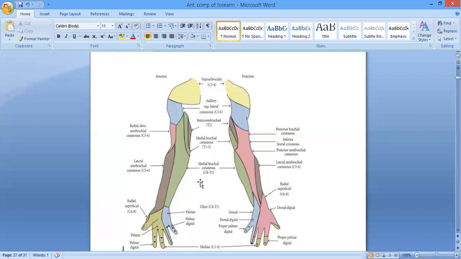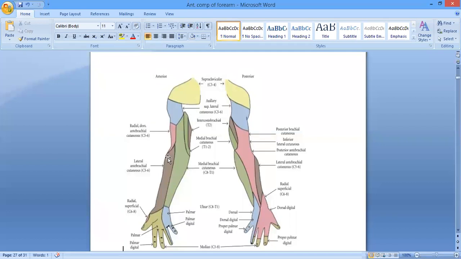First of all, the lateral cutaneous nerve of the forearm. It is basically the continuation of what? Can anyone tell? We studied this when you studied the anterior compartment of the arm, where you talked about the musculocutaneous nerve.